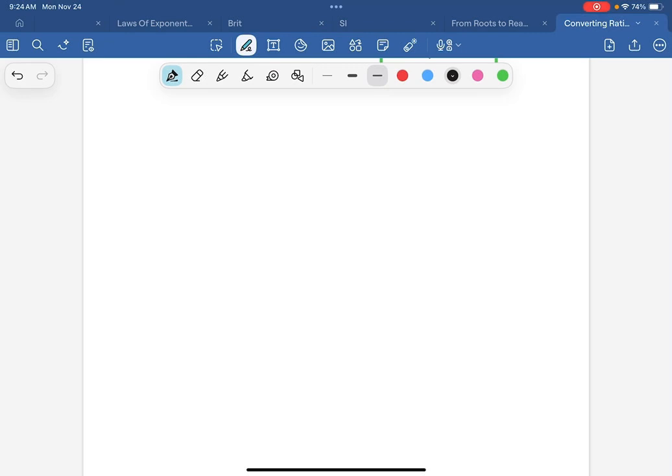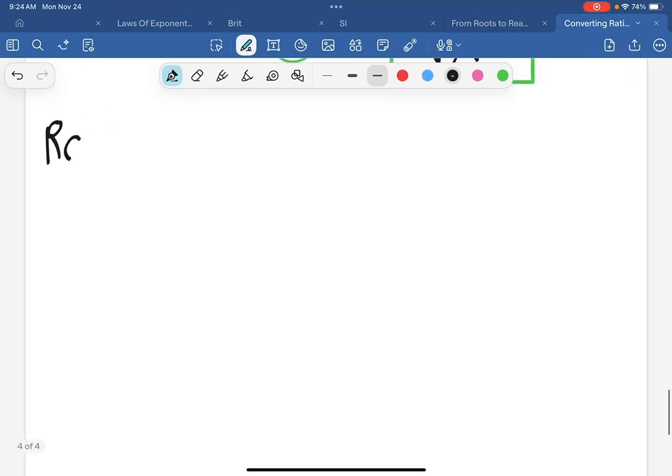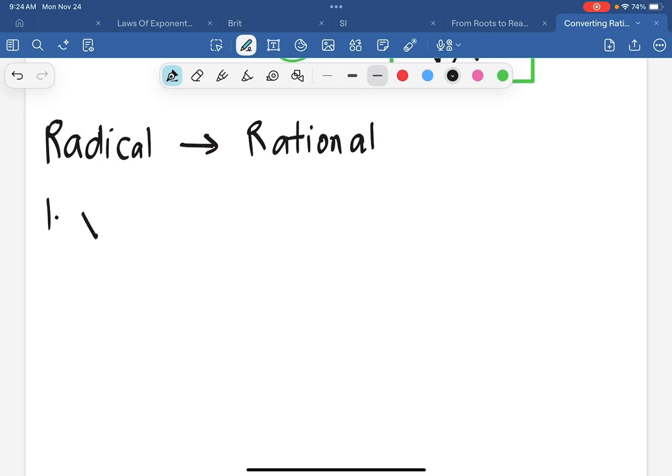Now let's have radical to rational. Okay, so if we have here the square root of b.